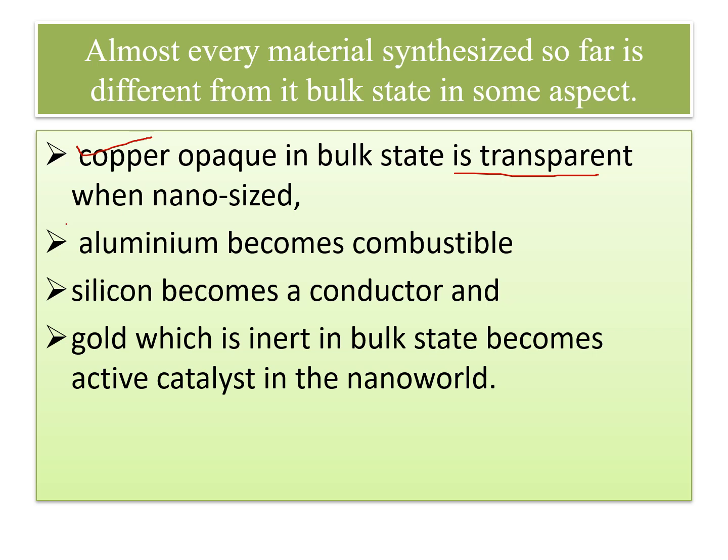Then aluminium becomes combustible in the nanometer range. Then silicon becomes a conductor. Gold, which is inert in a bulk state, becomes an active catalyst in the nano world. In day-to-day life, when we come across different research papers, we come to know that they are using gold nanoparticles and silver nanoparticles as excellent catalysts.